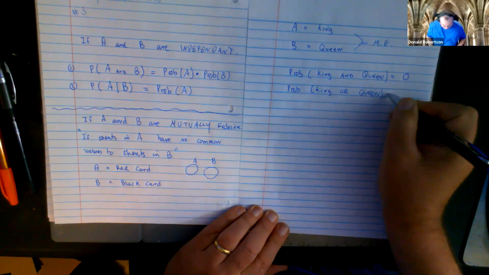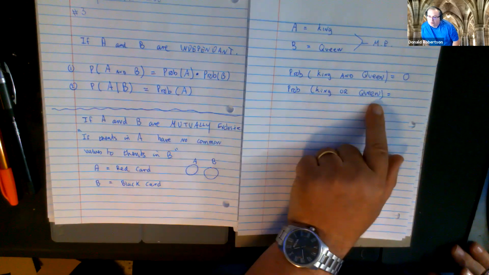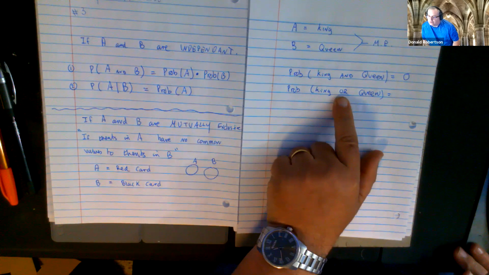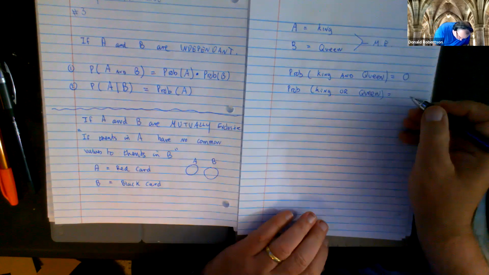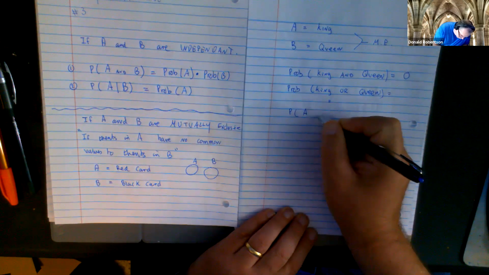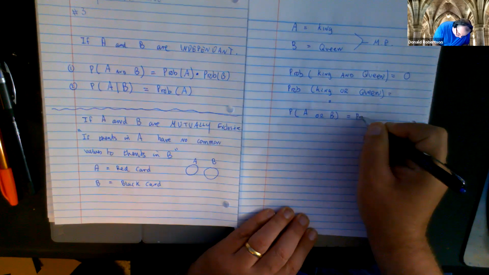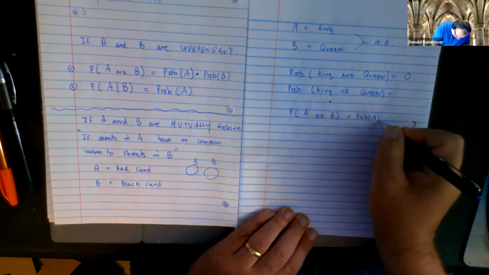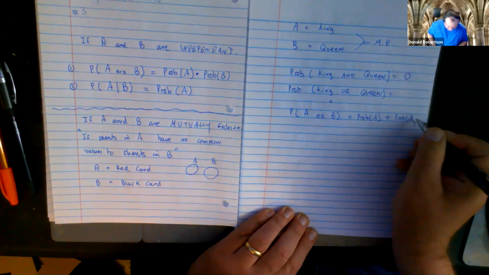Well, that's different. If two events are mutually exclusive and you want to get an OR story, king or queen, what you can do is say that the probability of A or B is the probability of A add the probability of B. Not multiply, but add.